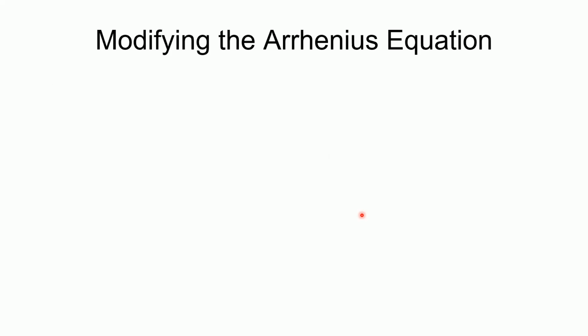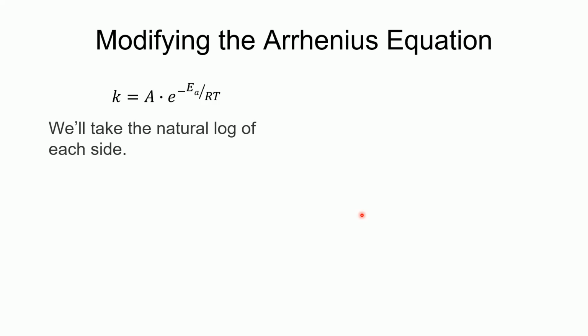To modify the Arrhenius equation into a linear equation, we are going to take the natural log of both sides. If we take the natural log of k, of course, we'll just get natural log of k. The natural log of a product is equal to the sum of the natural logs of the components of the product.